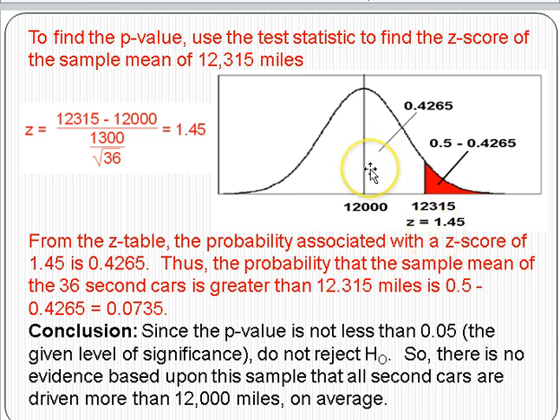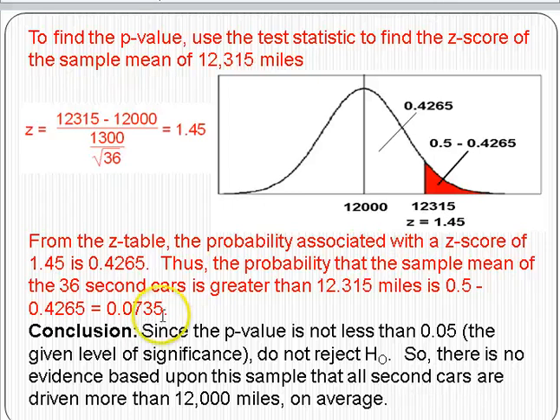From the z-table, which always gives you the probability of falling between the mean and the score, that is 0.4265, but we don't want that value. We want the probability of being greater than a z-score of 1.45, so we subtract from 0.5, and that gives us a p-value of 0.5 minus 0.4265, or 0.0735. In other words, about 7.35%.